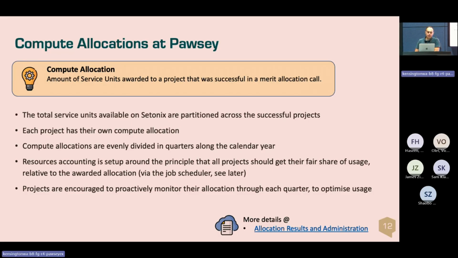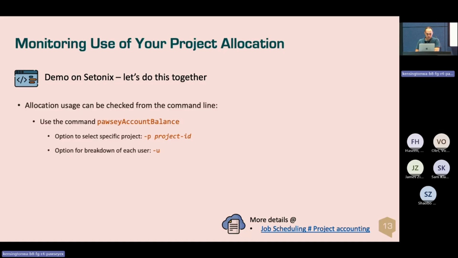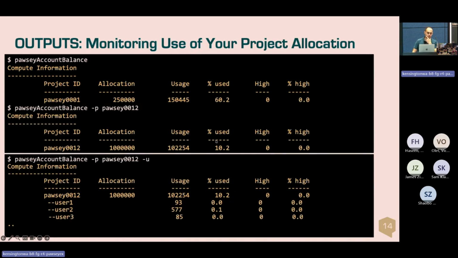We provide a tool that is called Pawsey account balance that monitors the amount of service units you have available at any given time. So let's see if I have some. This is an example of output.